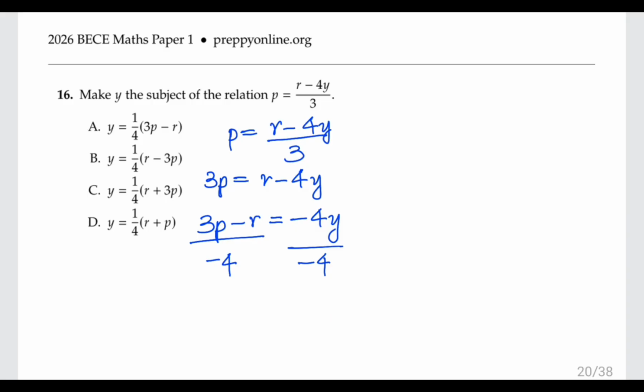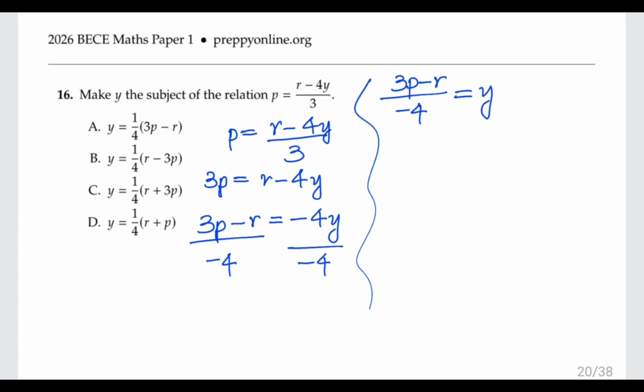On the right side, we're going to get y. On the left side, we're going to get this quantity, which we'll try to write in another way. So let's just write 3p minus r over minus 4 is now equal to y.